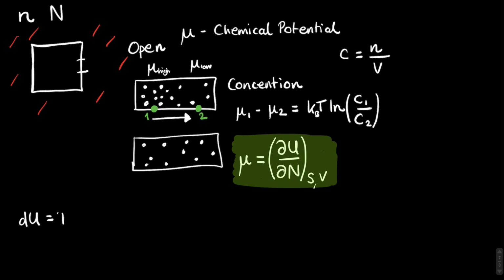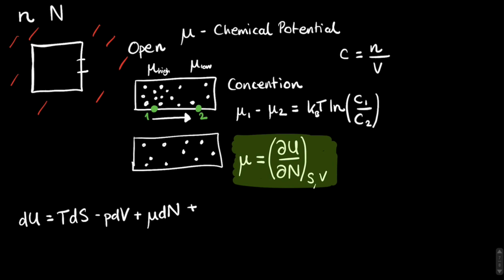So we had TdS, like before, minus PdV, also like before, but now we're going to add another term to it, and it's mu dN. It's the chemical potential multiplied by dN, the change in particle number. Technically, particle numbers are discrete, but because they're so small, we might as well pretend they're continuous.